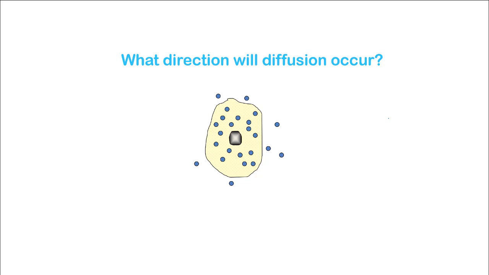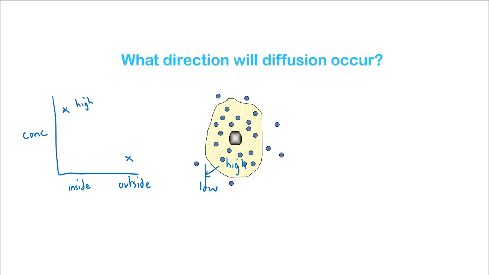Now, if we look at this example, in this example we said that the particles were going to move from high concentration to low concentration. So where does the gradient come into that? Well, let's say, for example, we had a little graph, and here was concentration. Here was inside the cell, and here was outside the cell. Inside the cell, we can see that there's a very high concentration. Outside the cell, we can see that there's very low concentration.